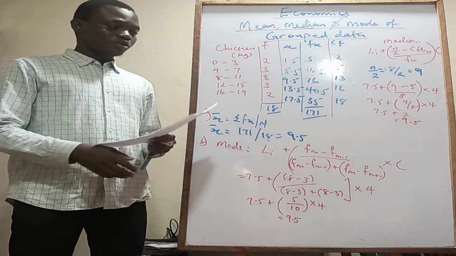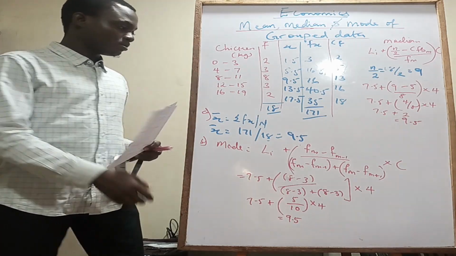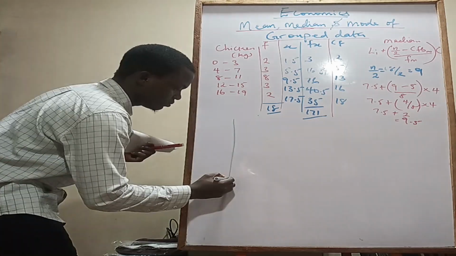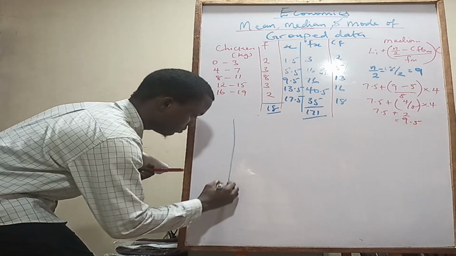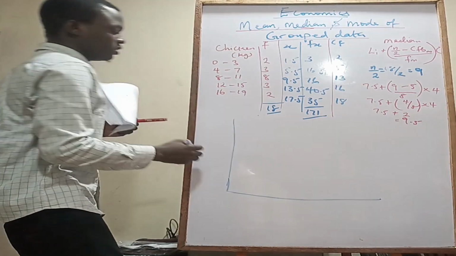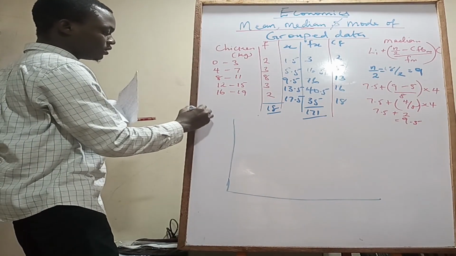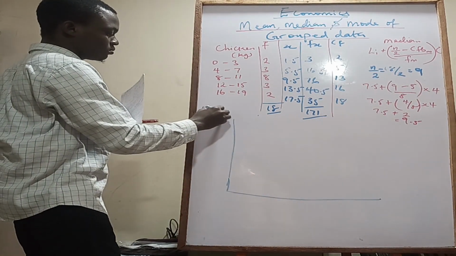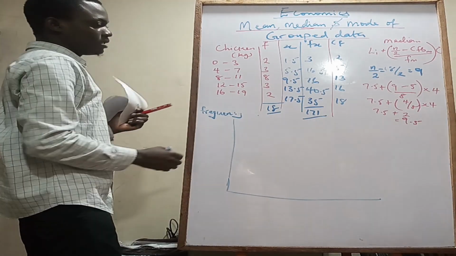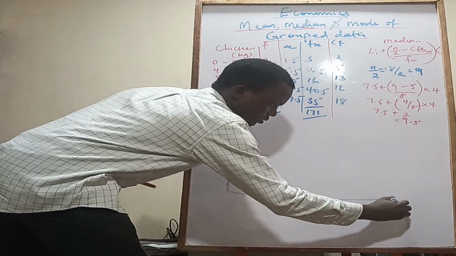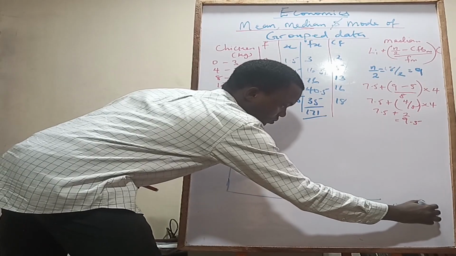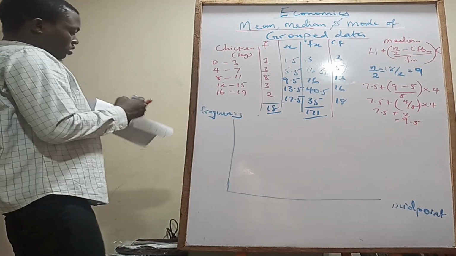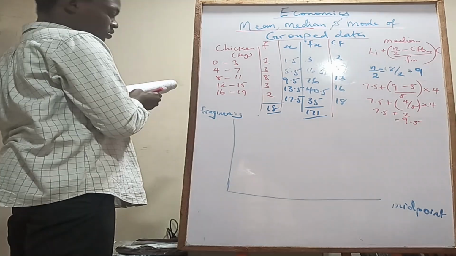And then if we were to draw the frequency polygon, remember frequency is here, and then the midpoint is what we use to draw here. So this is 0.